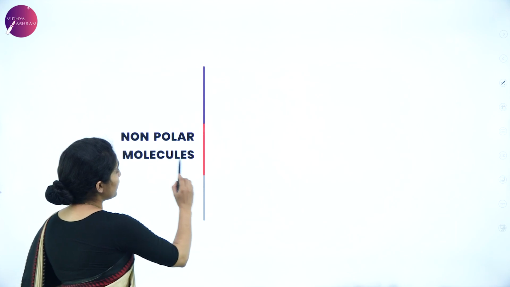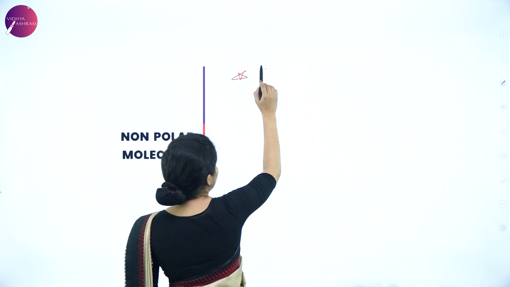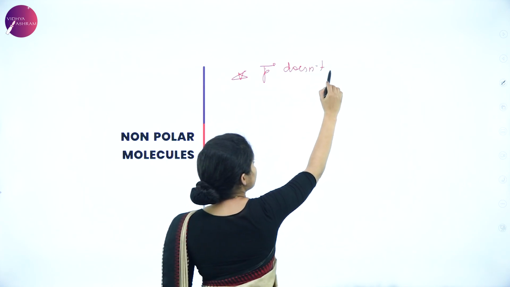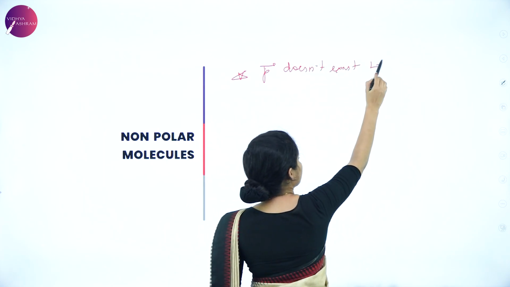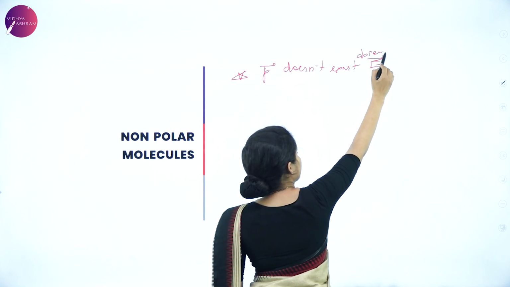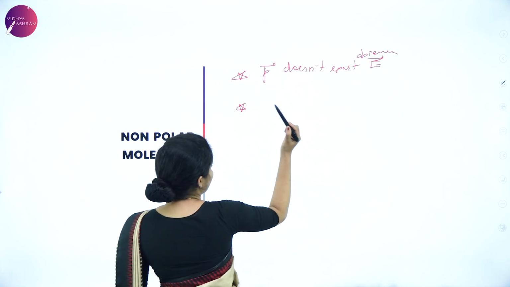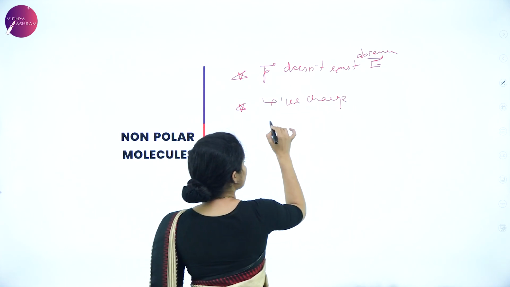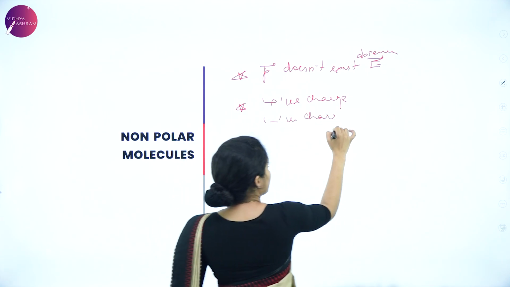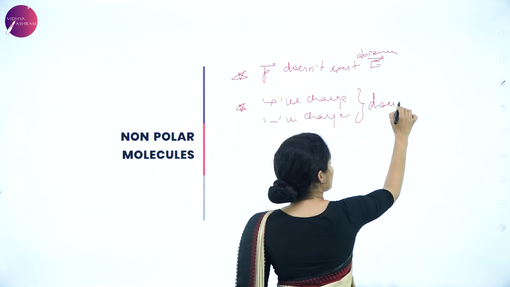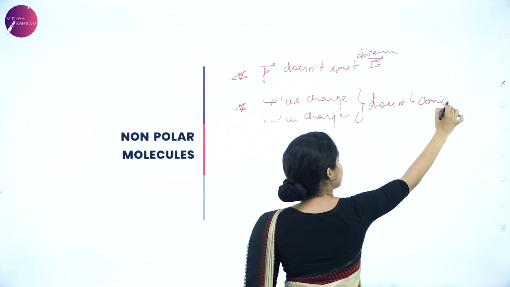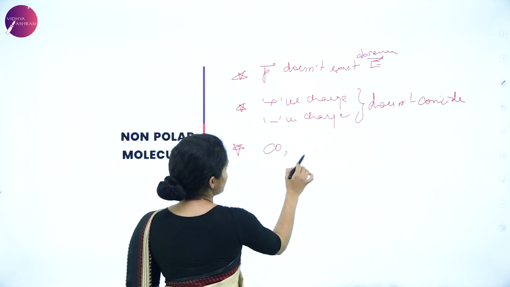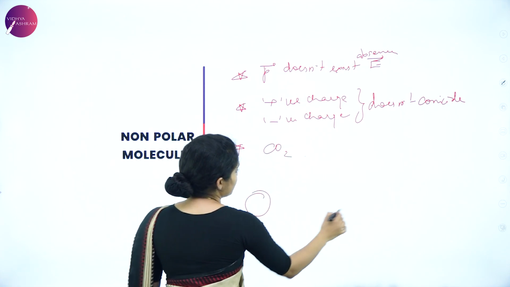In case of non-polar molecules, the dipole moment doesn't exist in the absence of an electric field, and the center of positive charge and the center of negative charge coincide. Lastly, you have an example, you can take CO2, wherein you have carbon atom inside and oxygen atoms outside.